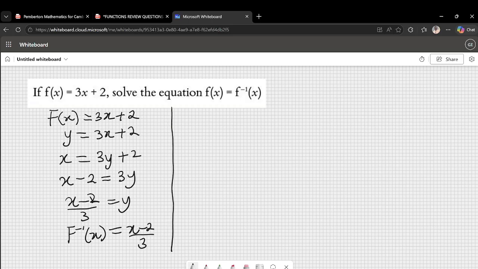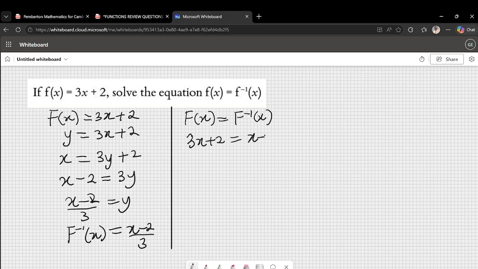So the inverse of f of x is x minus 2 over 3. Remember, the question said we should find the value of x for which f of x is equal to the inverse of f. So f of x is 3x plus 2. The inverse we just calculated is x minus 2 over 3. So this is over 1. I can cross multiply. This will give me 3 multiplied by 3x plus 2 equal to 1 into x minus 2.